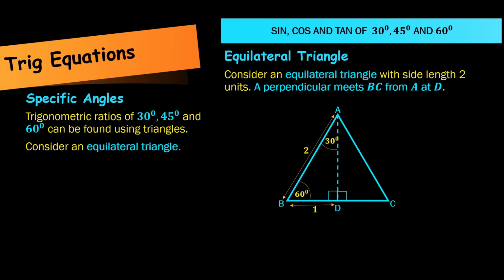So the length BD is now 1, because it's half of the side length. And the angle BAD is half of 60 degrees, which is of course 30 degrees, as shown. The height of the triangle is root 3, using Pythagoras.